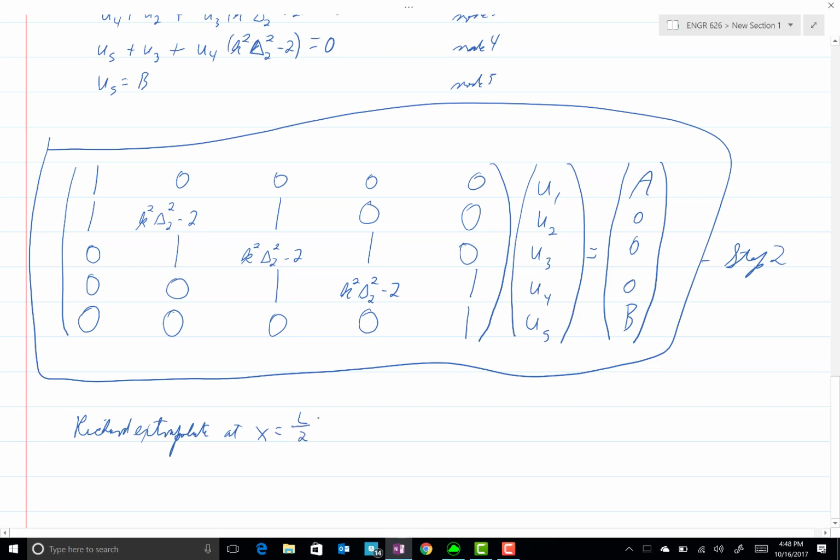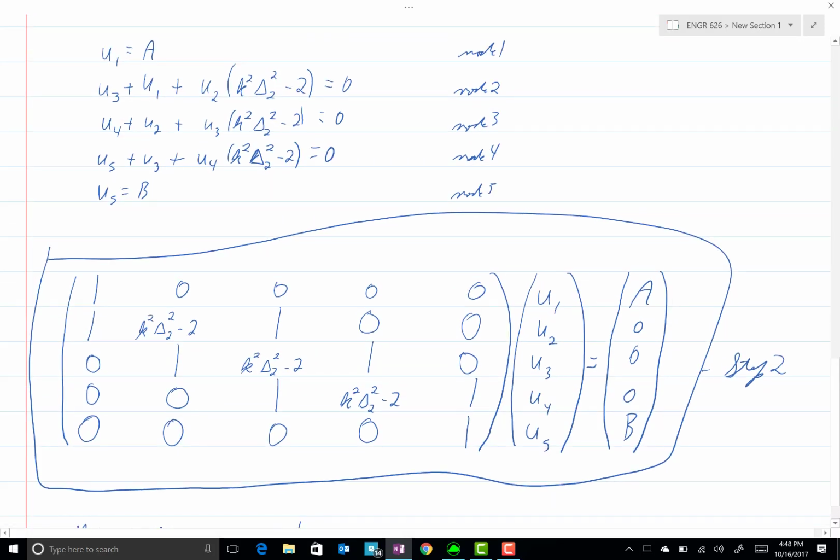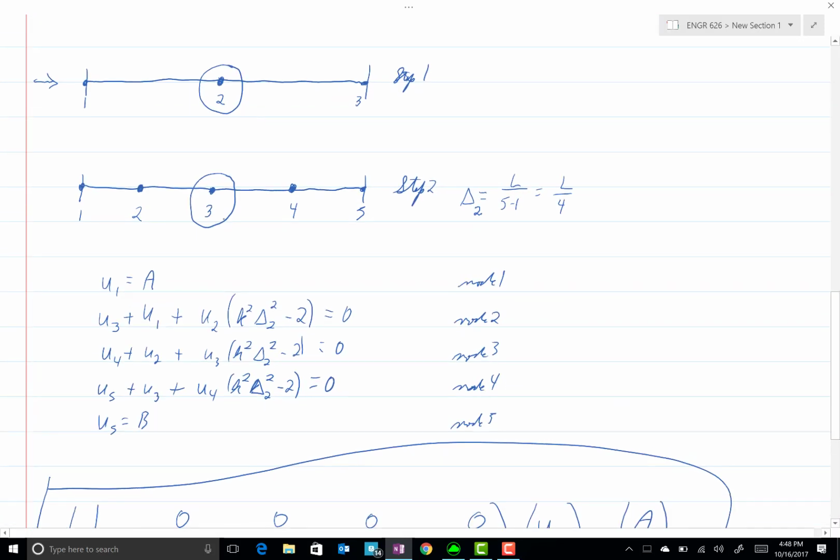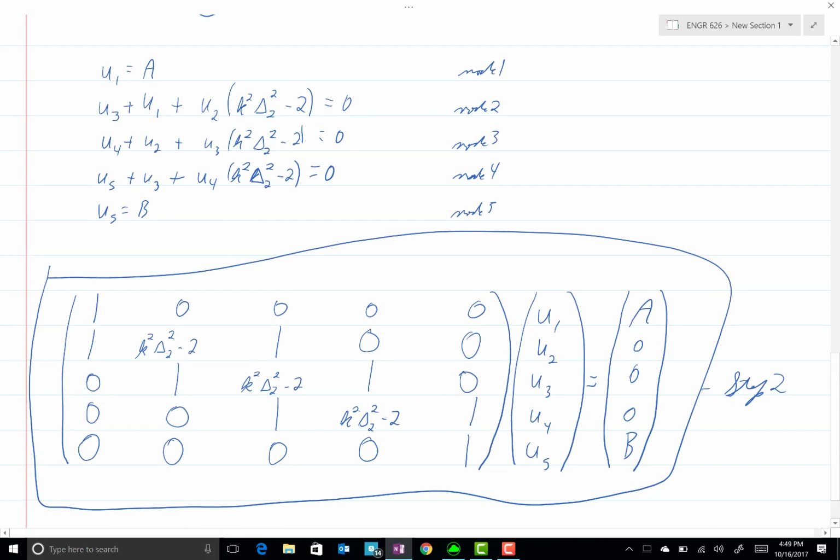This is at the midpoint of the mesh, which corresponds to node 3 in step 2, but to node 2 in step 1. That's a tricky part, is you need to, as you go from one step to the next, keep in mind that the node numbers are changing.